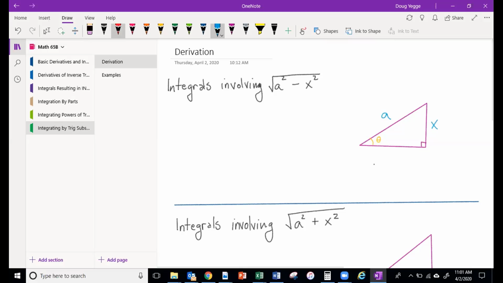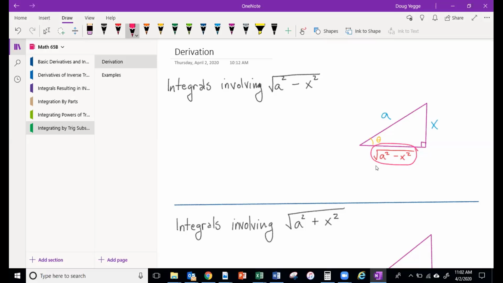And therefore, the missing side is, sure enough, the square root of a squared minus x squared. So now we're going to go through this process of what we just did here. We see this special form.